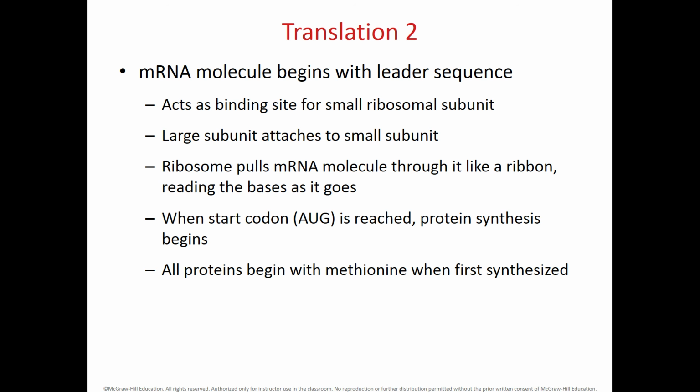Now, all proteins begin with the amino acid methionine, because methionine is coded by the codon AUG. Every 3 nucleotides on the messenger RNA, which are known as a codon, will code for an amino acid. So AUG codes for making methionine.